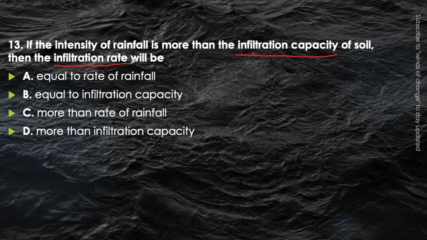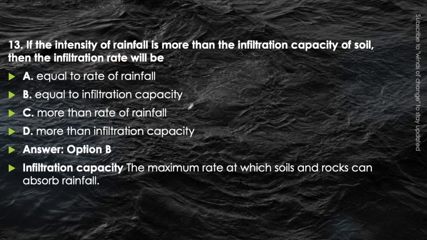Infiltration rate cannot go beyond this infiltration capacity. So obviously, if the intensity of rainfall is more than this infiltration capacity, then the infiltration will be at infiltration capacity only. So answer B will be the correct answer, that is equal to infiltration capacity. Infiltration capacity is the maximum rate at which soil and rocks can absorb rainfall.